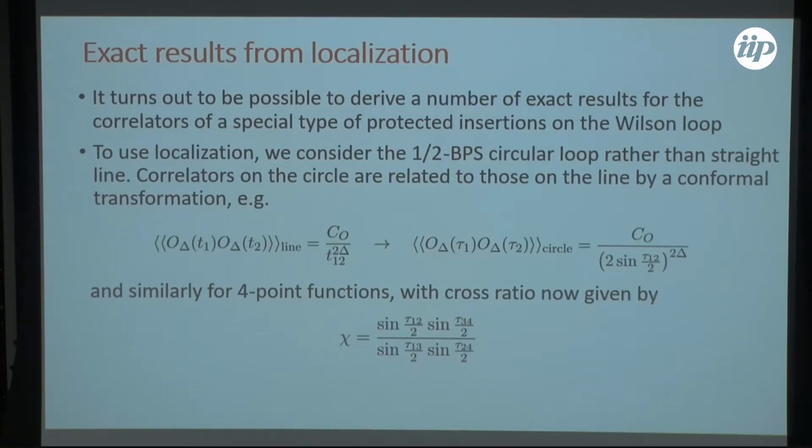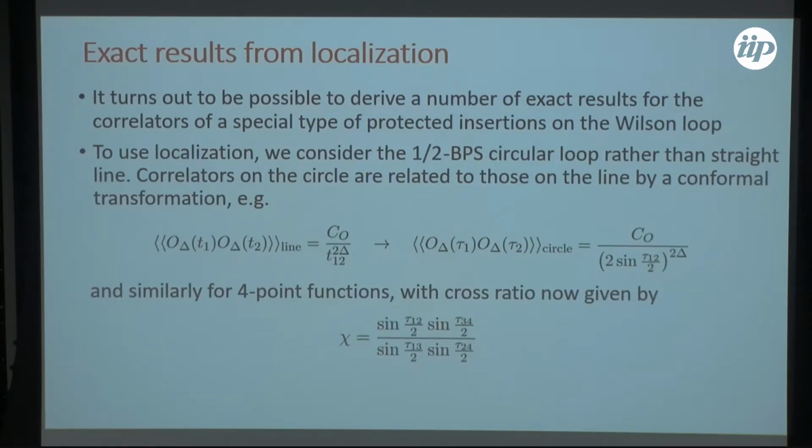Okay, so now let me move on to using localization to describe some of the data in these defect correlators. To use localization, we have to map the straight line, which I was using so far, to the circle. At the level of correlators, this mapping is simple.